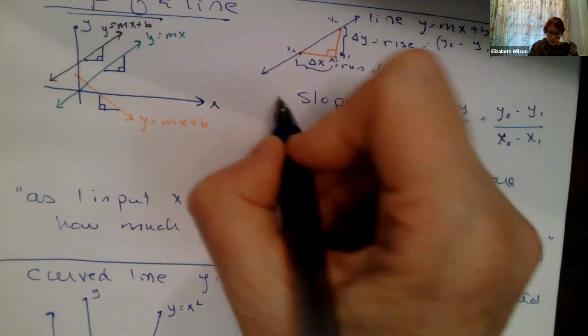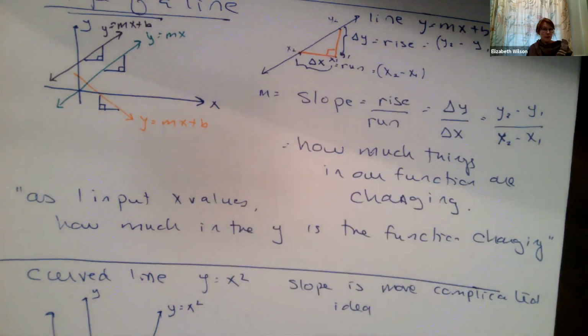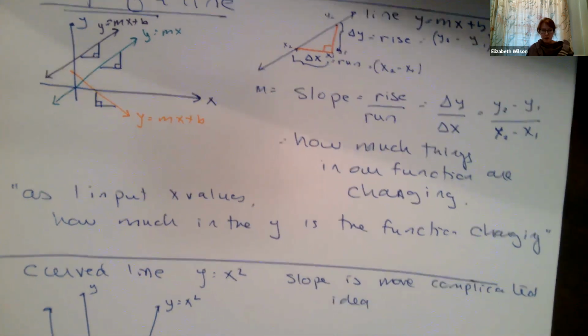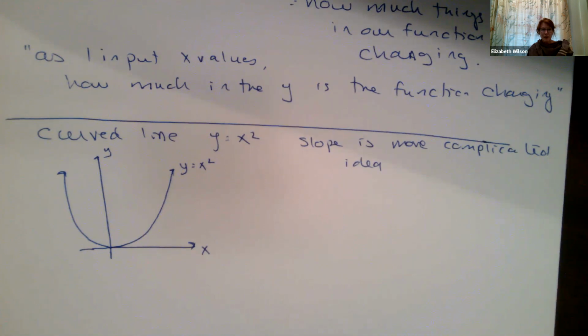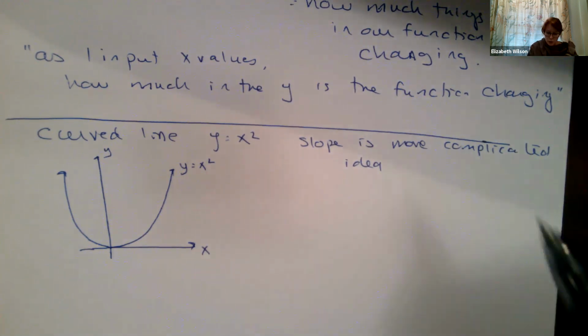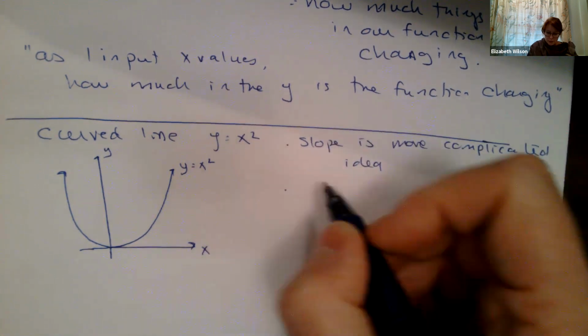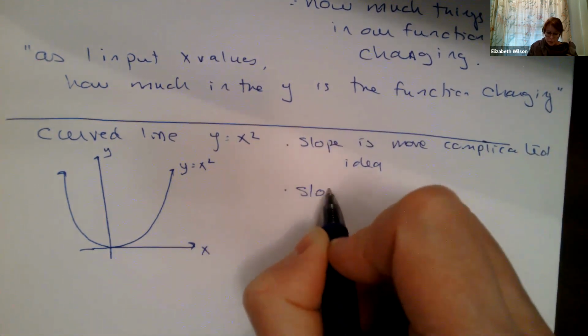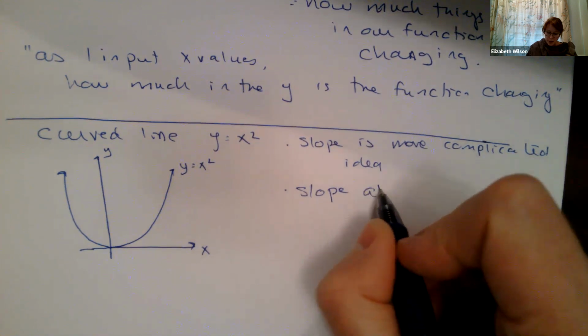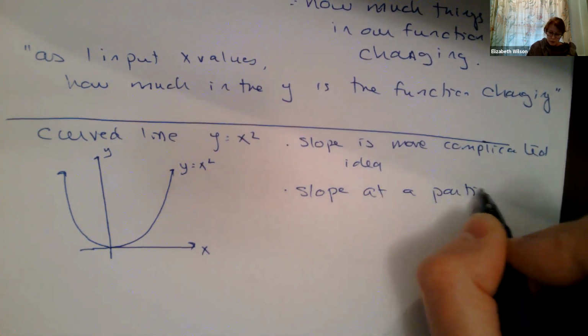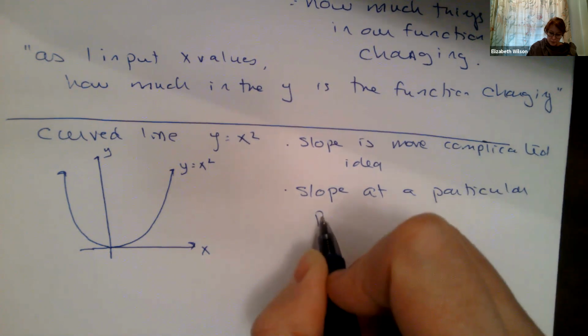In my line equation, m is my slope, right? I could just yank it right out of my equation. But here, if I've got y equals x squared, there's no one m I can just yank out. So slope is a more complicated idea. What this means is we measure the slope at a particular point.